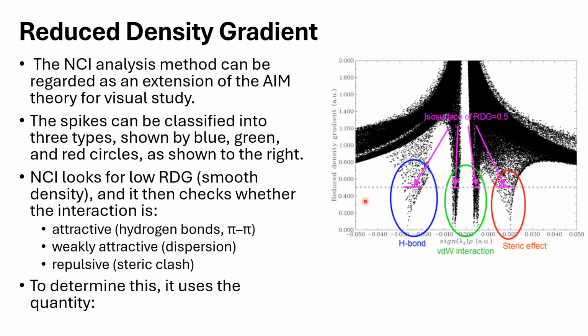So yeah, it is an extension of the QTAIM theory for visual study, and these spikes you can use in the same color scheme as we discussed just before. And the NCI checks basically if an interaction is attractive, like these ones, repulsive, or weakly attractive. So these are the regions where you have to look.